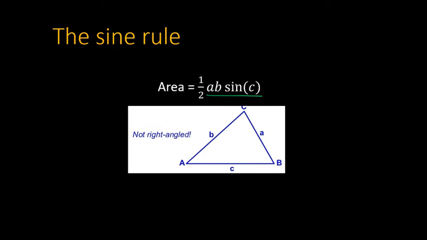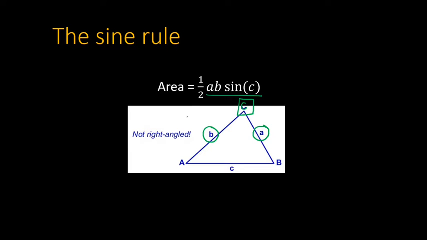Okay, so if you're looking at this diagram, that would be 1/2 of the measure of this side of the triangle, the measure of that side of the triangle, and then the sine of this angle C. Now, what do you notice about the relationship between those two sides and angle C?